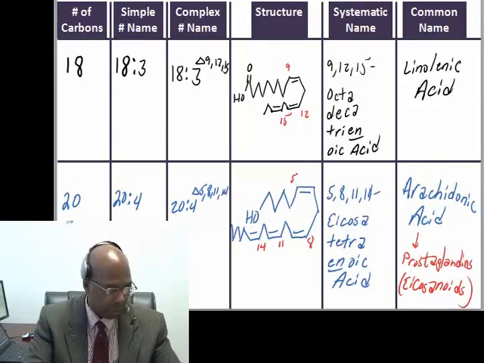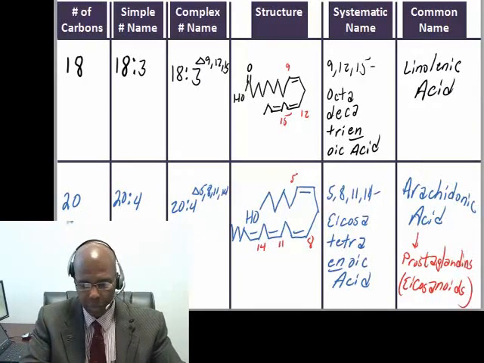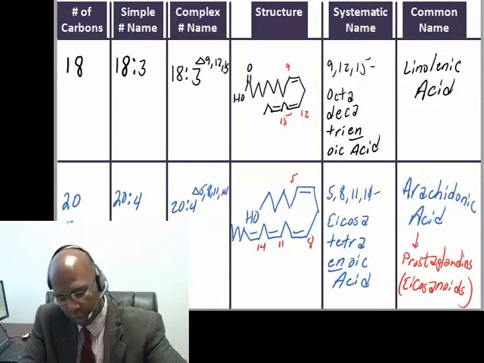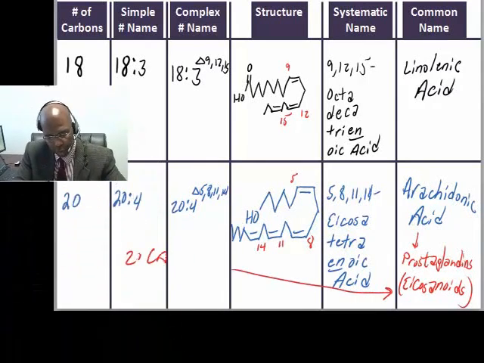These are our icosanoids, the 20 carbon compounds.